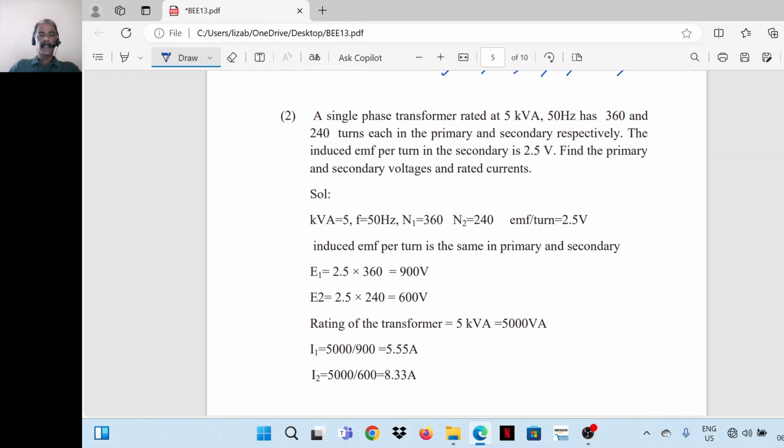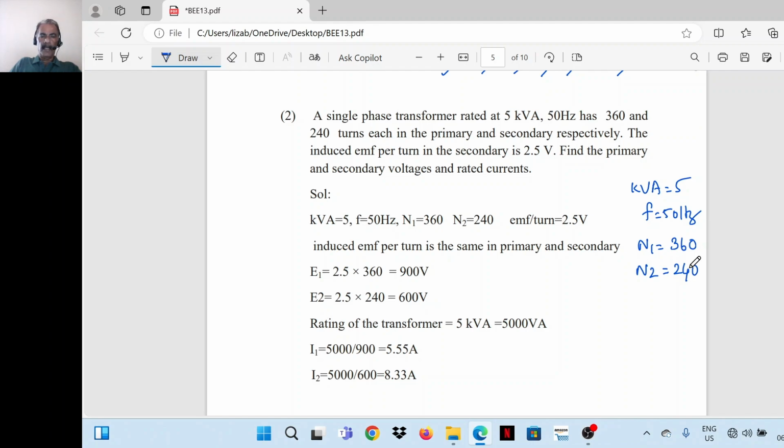Next. A single phase transformer rated at 5 kVA, kVA is equal to 5. Frequency is equal to 50 Hertz. N1 is equal to 360. N2 is equal to 240.